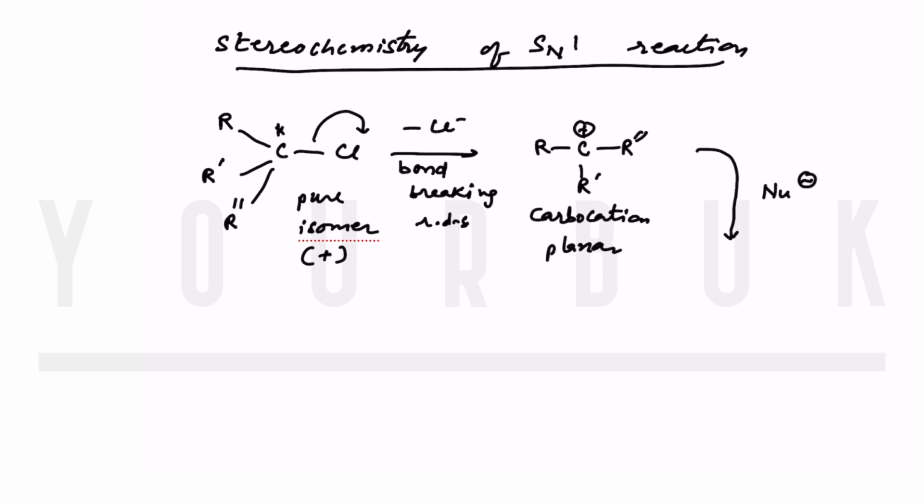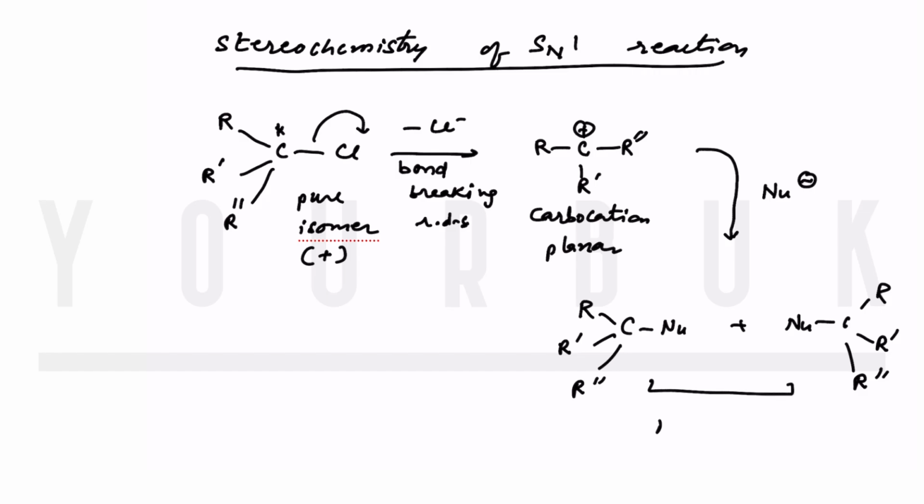So when the nucleophile attacks, it gives you two isomers. One is the isomer obtained when the nucleophile attacks from above the plane. Second, when the nucleophile attacks the carbon from below the plane. And since both the isomers are obtained in equal quantity, the product is a racemic mixture. It means my product is optically inactive.